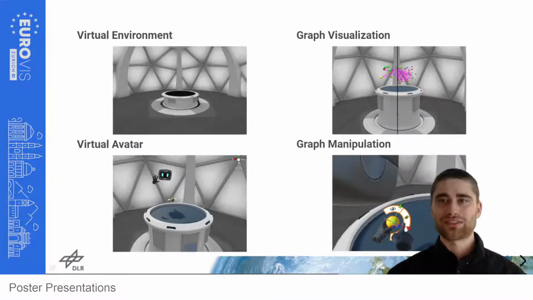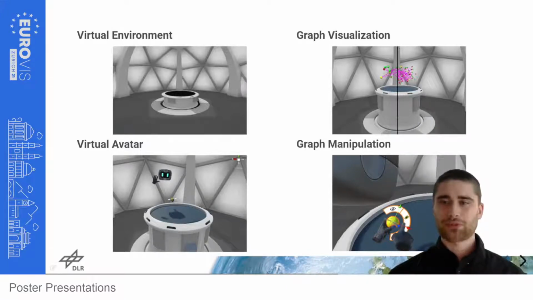The graph visualization module consists of a very, very basic graph visualization where the nodes are spheres. The sphere color depends on the node labels, and relationships are just colored lines. Our virtual avatar is a very simple head with floating hands. The fingers can move individually.